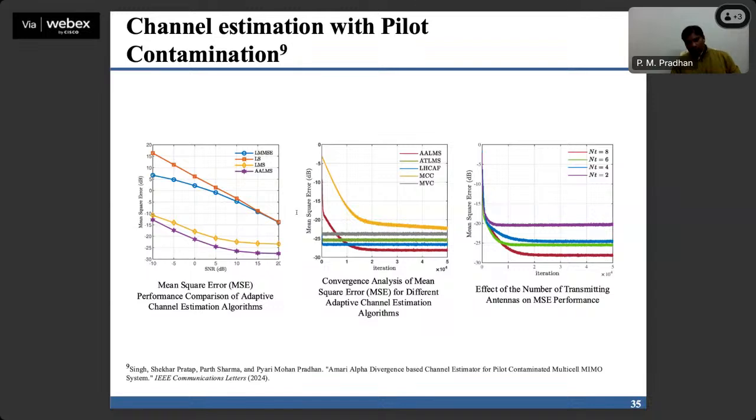Divergence criterion based cost functions are able to estimate the channels whenever the pilots are getting contaminated. Okay, so that is also possible using your divergence criterion based cost functions. This is exactly the same as your adaptive system identification problem, only the system is replaced by channel now.